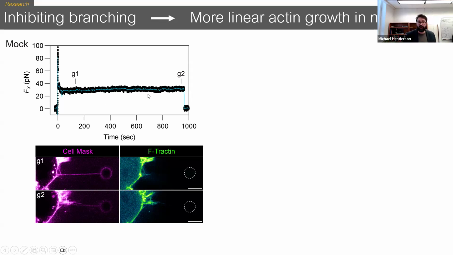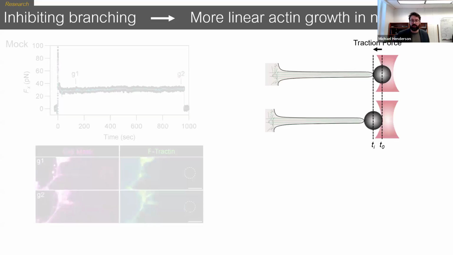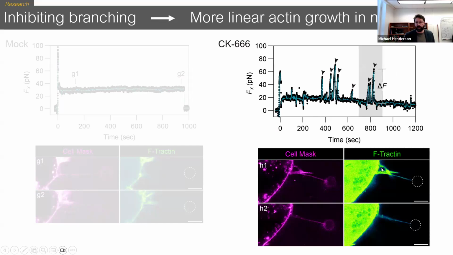So we see a plateau in the force, representing the force necessary to hold that nanotube in place between the cell and the optical tweezer. This contrasts with the case where we do form a contiguous structure, where we should see dynamics in the force profile. And that's indeed what we see here when we inhibit the ARP2/3 complex with CK666. So we see a lot of actin dynamics in these force profiles.